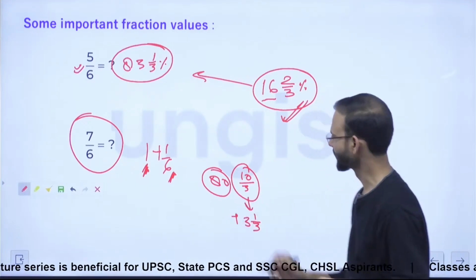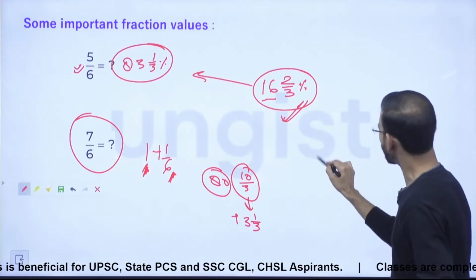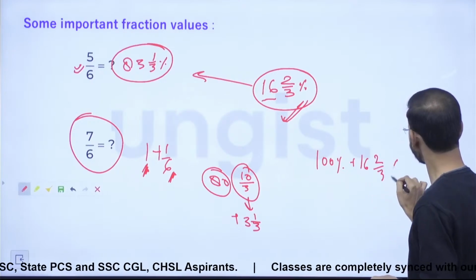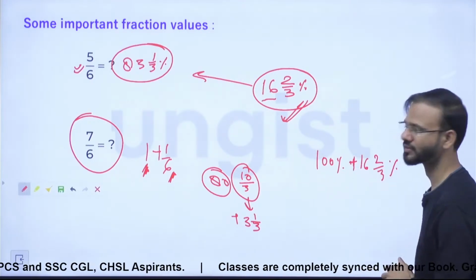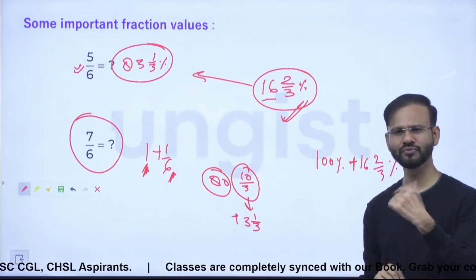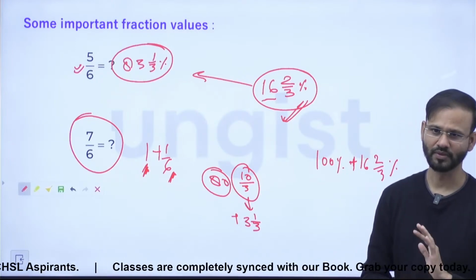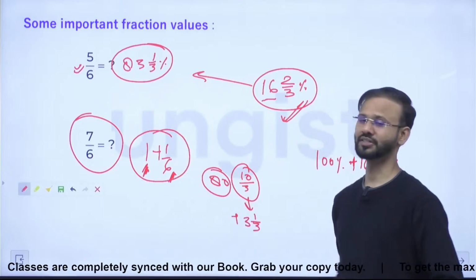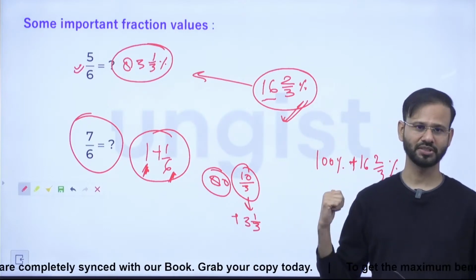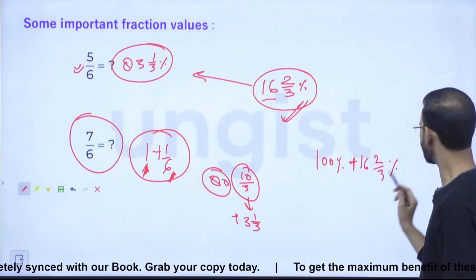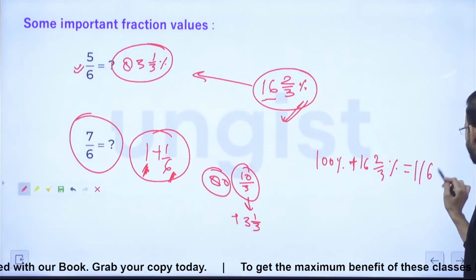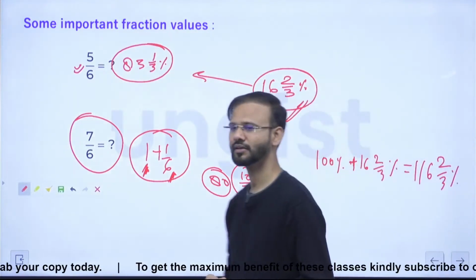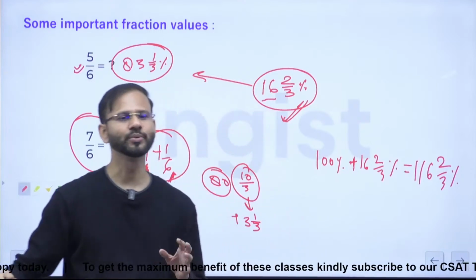See, this is 100% plus 16 2 by 3%. Yes or no? Right? Why? Because 1 by 2 is 50, so 1 is what? 100. Right? So this is actually 100% plus 16 2 by 3%. So that is 116 2 by 3%. Everyone, yes or no? So if somebody is saying it is 7 by 6, this is 116 2 by 3%.